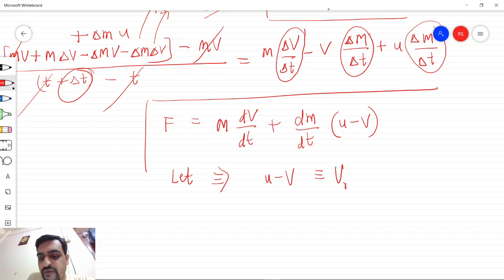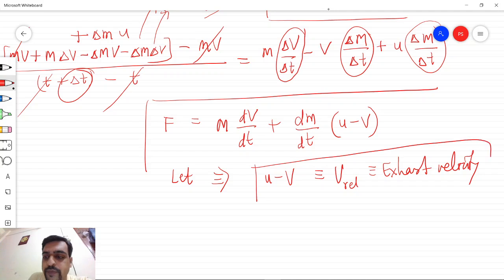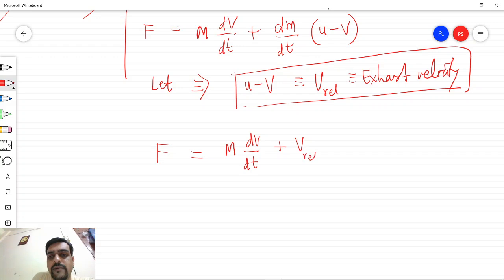Call it v relative, which is the exhaust velocity, or the velocity with which the exhaust gases are moving with respect to the rocket. So if we make this substitution, the force experienced by the rocket would be m dv by dt plus v relative dm by dt.